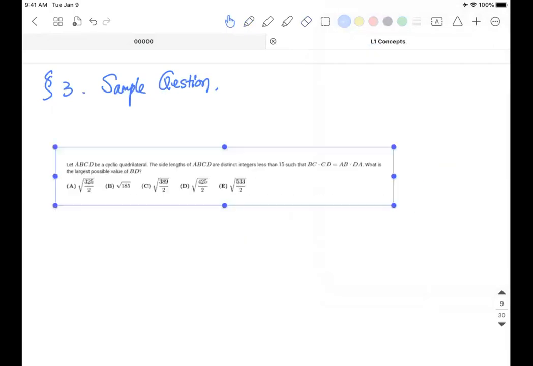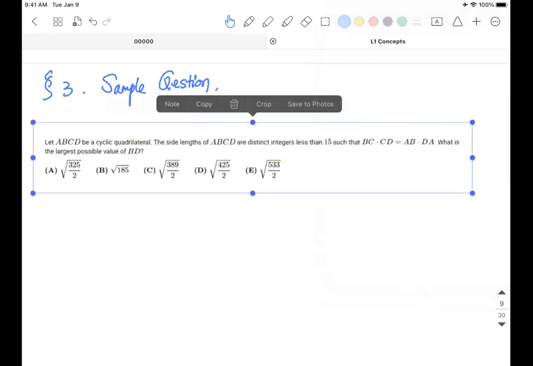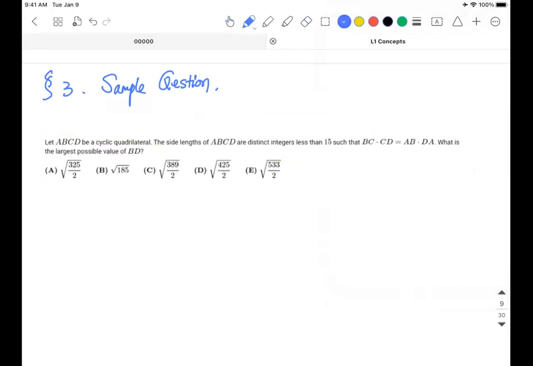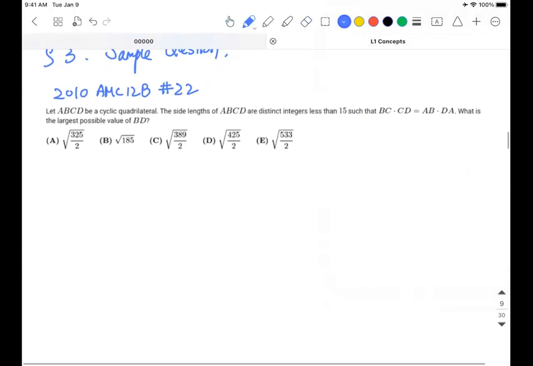Our first problem comes from 2010 AMC12B, question number 22. I'll give you maybe 30 seconds to read the problem first, and then we're going to read it all together and figure out how we're going to deal with such a problem.